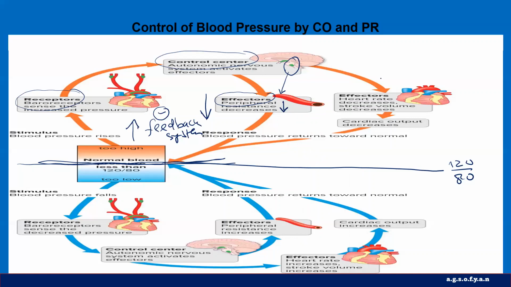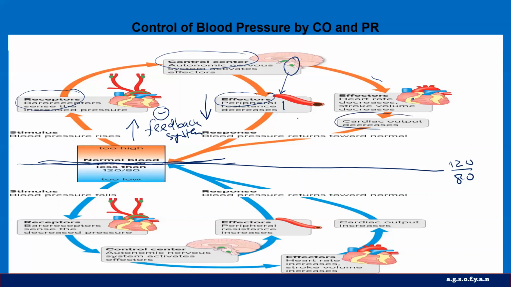It will dilate and decrease the peripheral resistance. The second one: the CV center will send the information to the heart, especially to the SA node. The SA node then will relax and slow down the contraction.